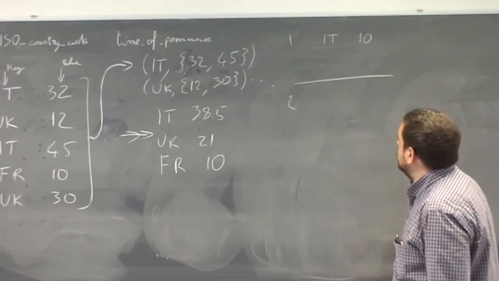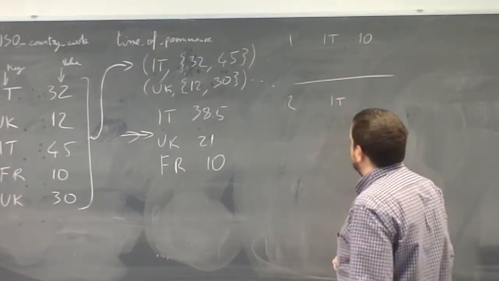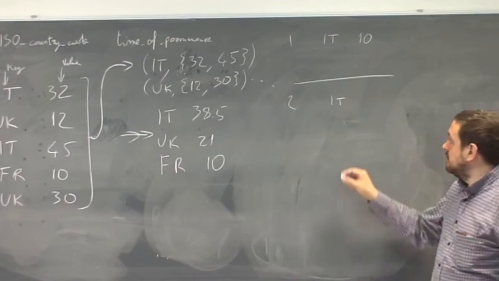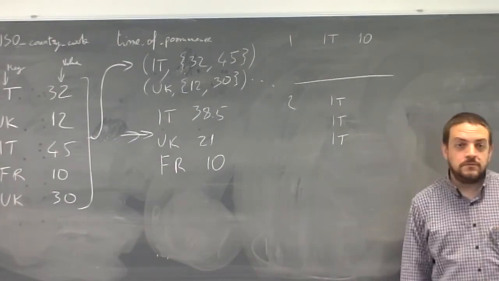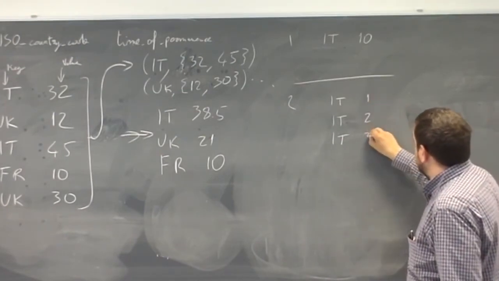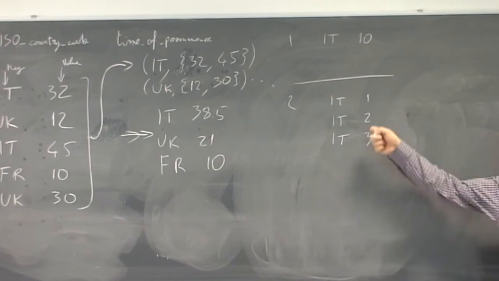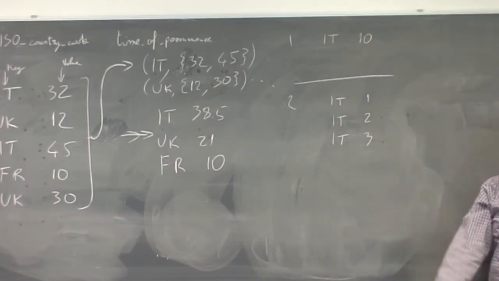The second has lots of records about Italy. And for us, lots means 3. Maybe with 1, 2, and 3. So the second server has 3 records about Italian visits to some website that is controlled by analytics. This other server only has 1.